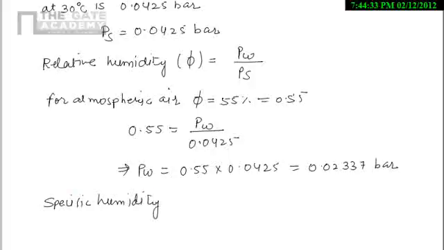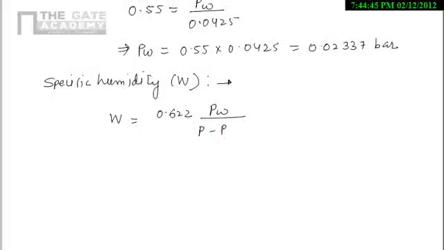So specific humidity, that is W. W we can calculate by 0.622 PW divided by P minus PW. So W equals 0.622 times PW, which we have as 0.02337.